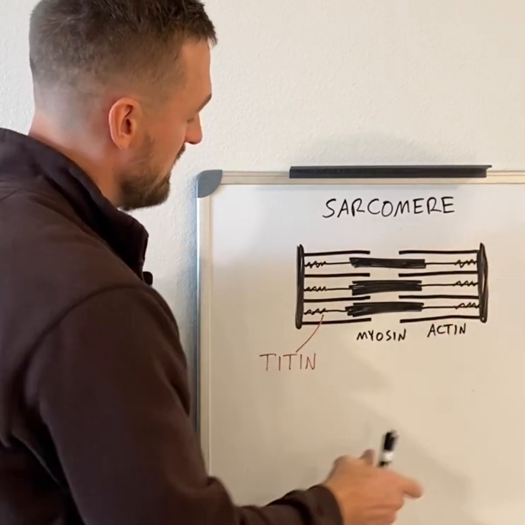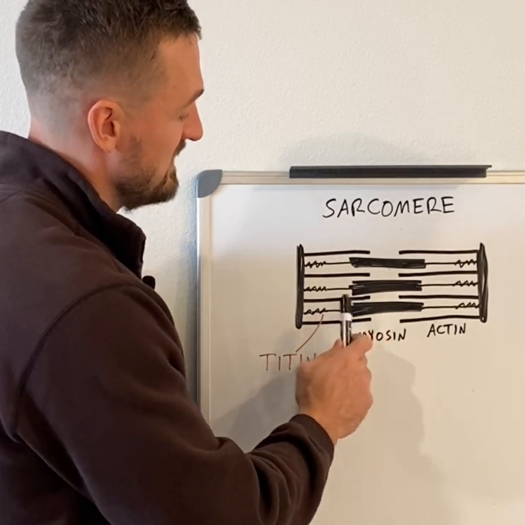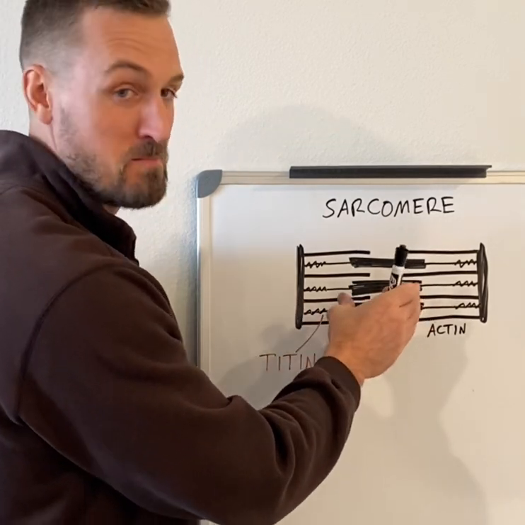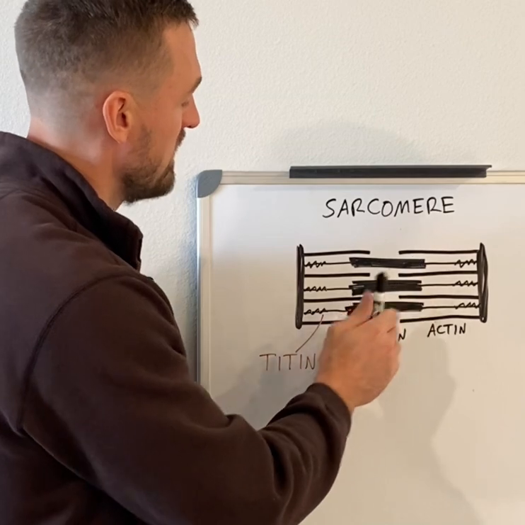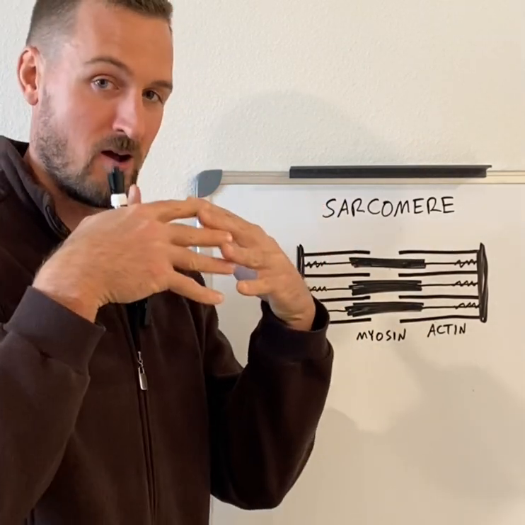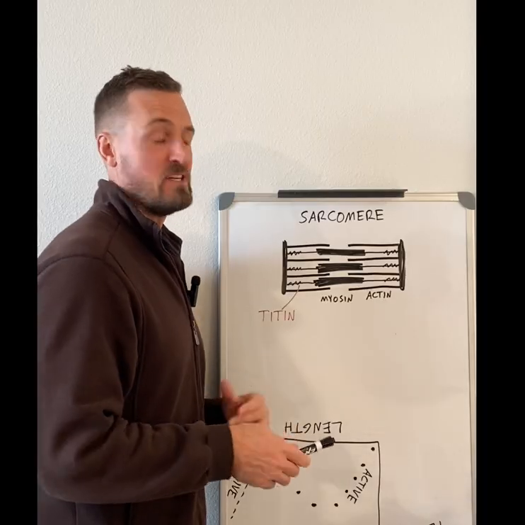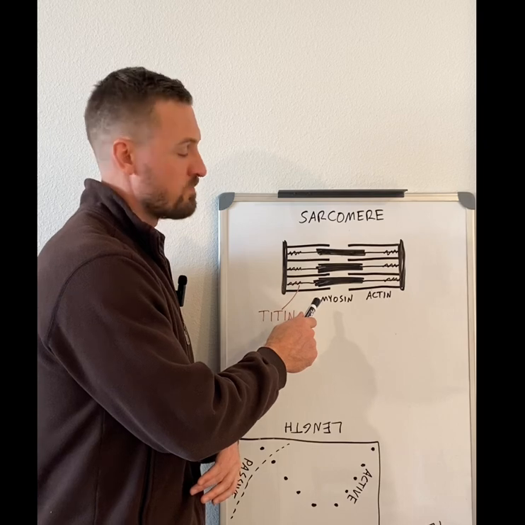And then we have titin protein, which is what myosin is anchored on. So it kind of keeps myosin in place in the middle there. That's kind of a scaffolding that helps keep all those different filaments arranged correctly in relation to each other.